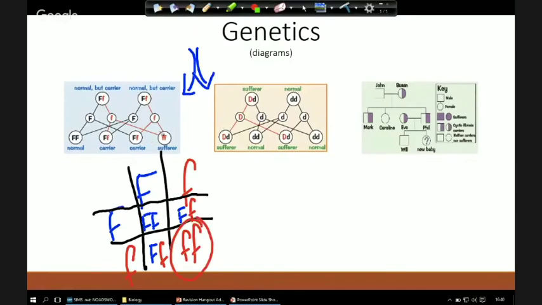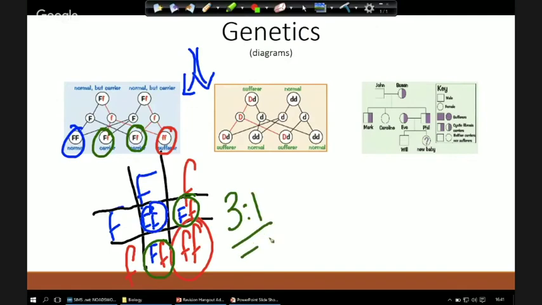This one is here, is here, and these two are here. So a Punnett square is a very simple way of working out the ratios of what we're going to get. Again, in this case, a 3-to-1 with 1 being our sufferer.